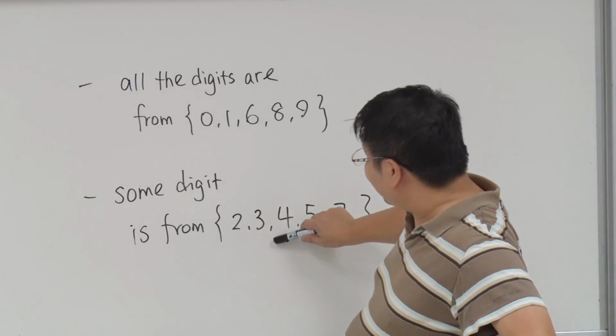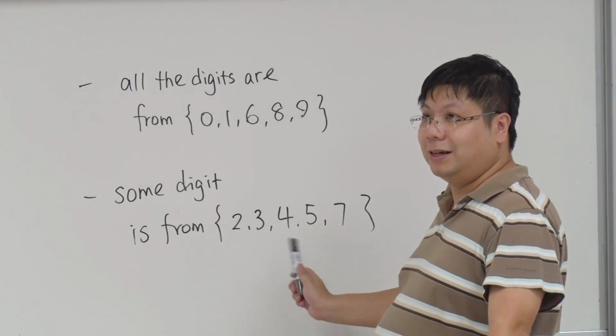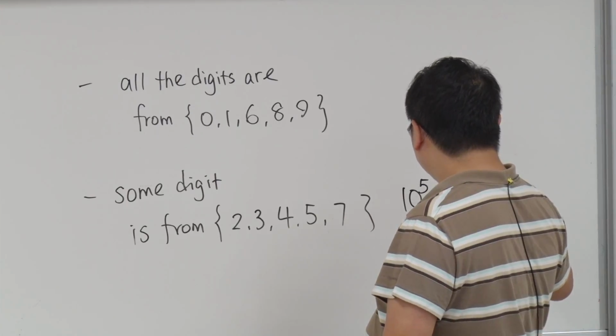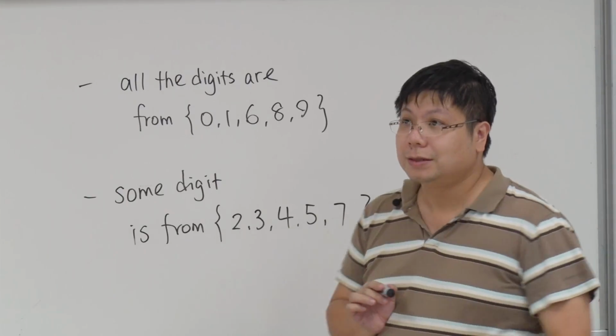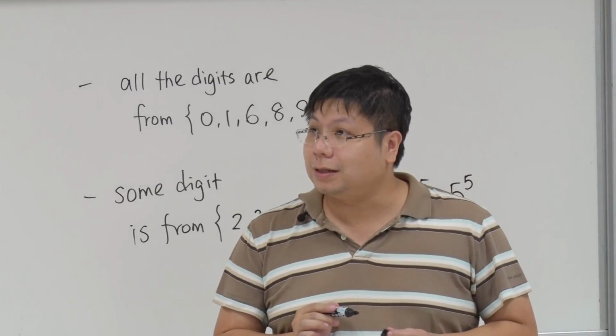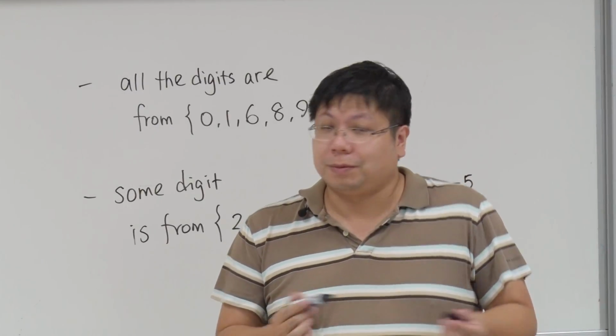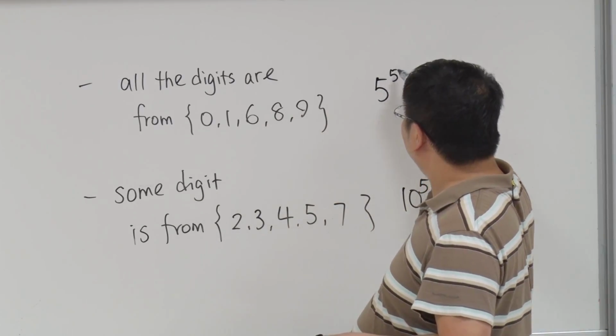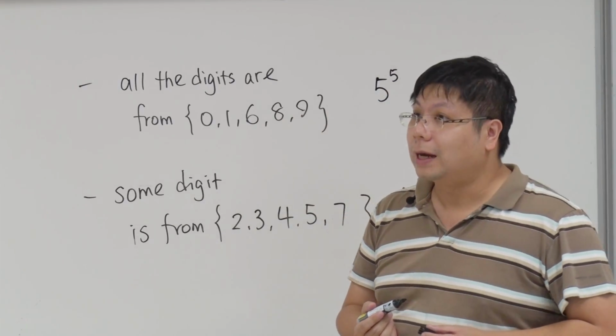Okay, so how many are there? It is going to be 10 to the power 5 minus 5 to the power 5. Am I correct? Does that make sense? Yeah, because these are 5 to the power 5. Is that okay?